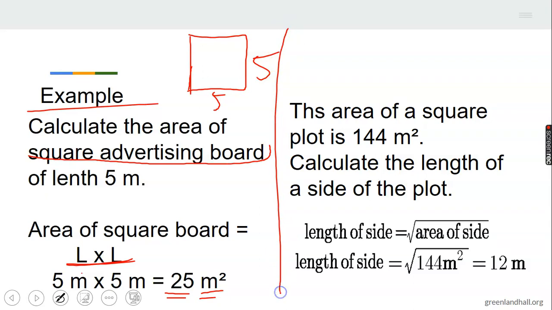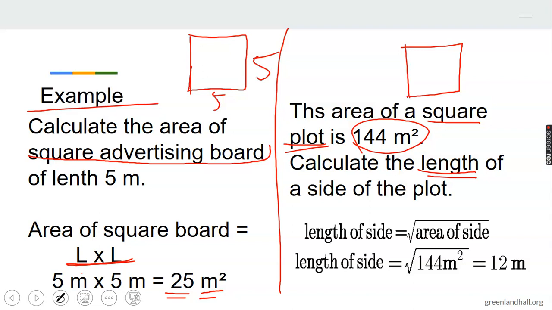Now, in the case you are given the area and you have to calculate the length. Now, the area of a square plot is 144 meters square. Calculate the length of the side of the plot. You know, the moment you see square, that means you should quickly remember the formula.